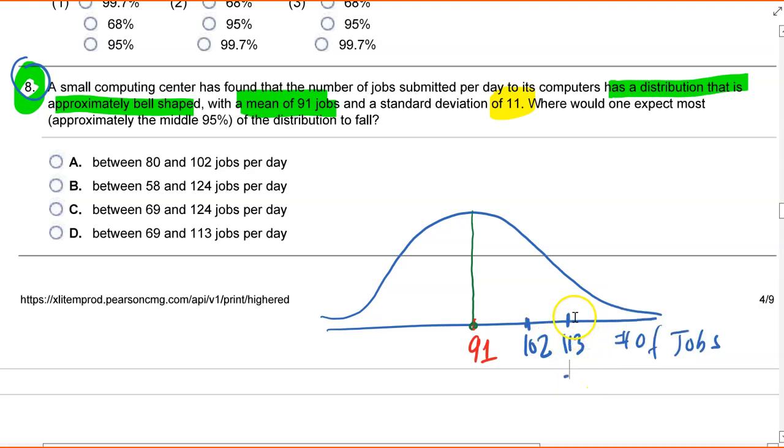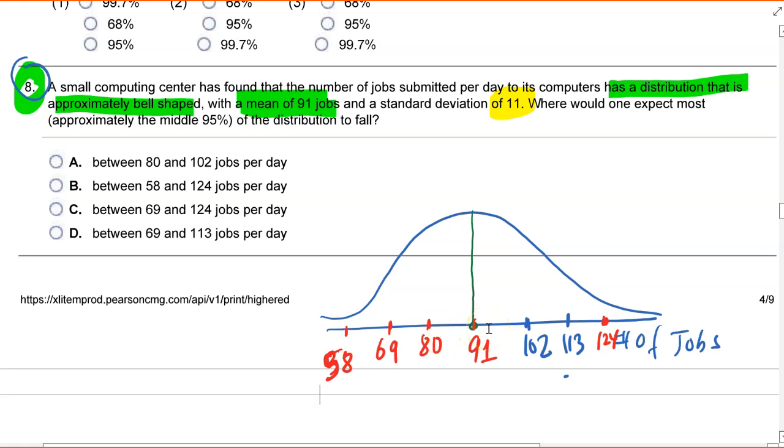This is 2 standard deviations above the mean, and if you add 11 again, you get 124. This point is 3 standard deviations above the mean. Similarly, if you subtract 11, you get 80, you get 69, you get 58.